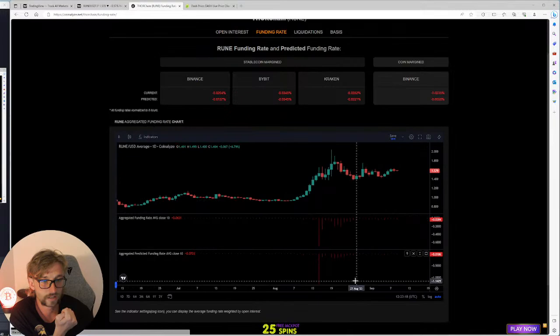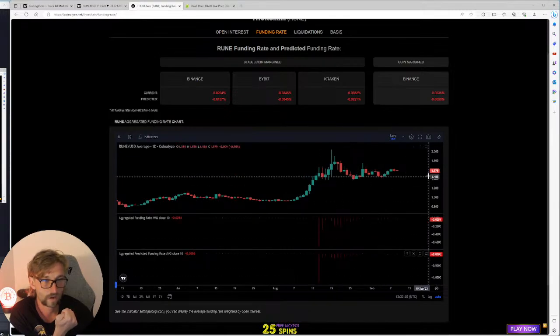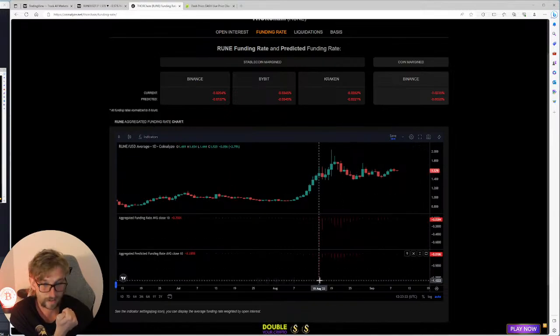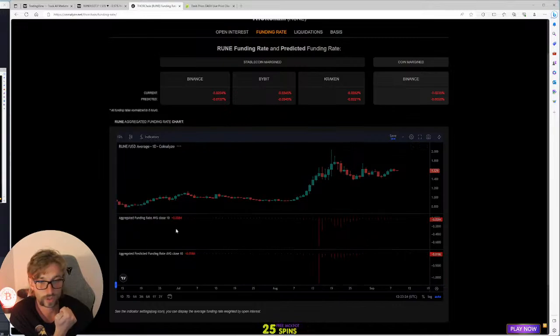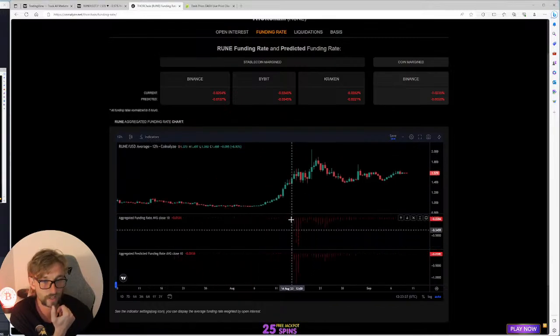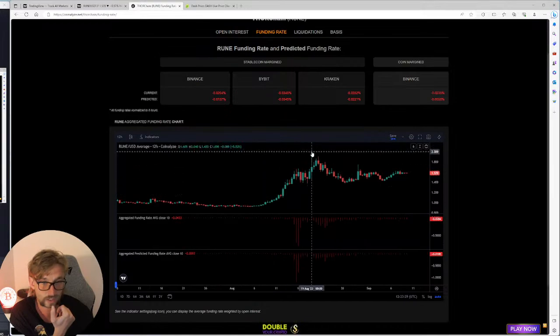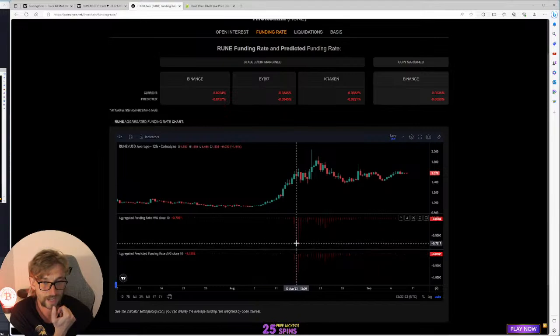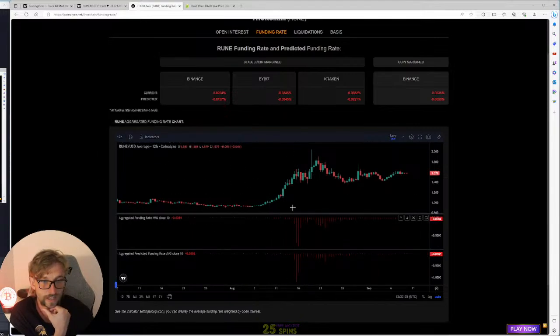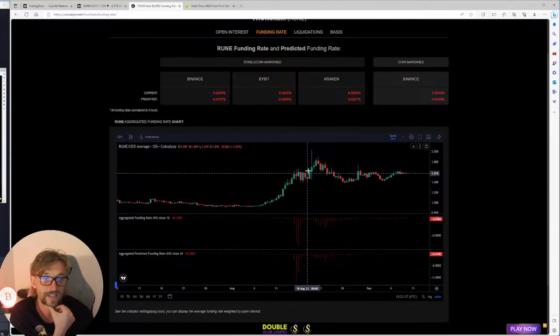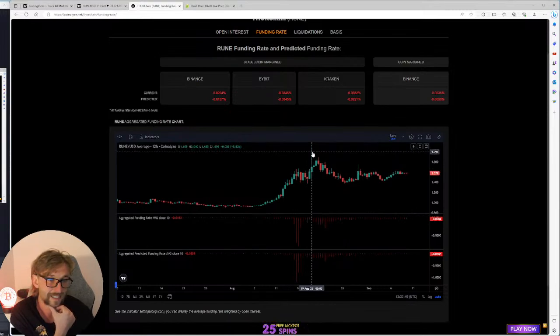Holy shit. This huge amount of aggressive shorting here is what caused this candle. See this ridiculous amount of shorting in one day, because this is a 12-hour chart. All these people shorting here caused that.